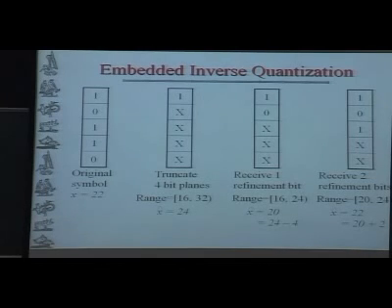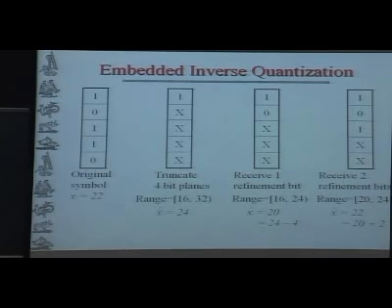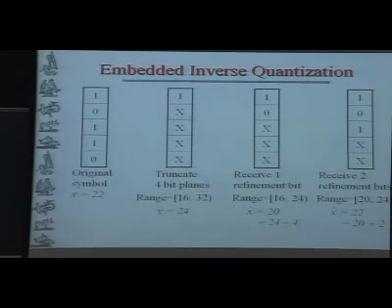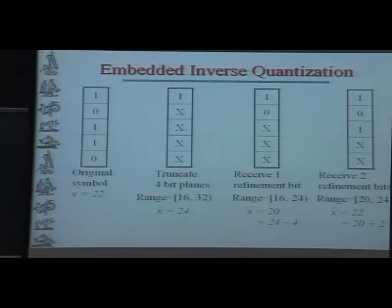So this is called embedded quantization and embedded inverse quantization. The way that you do quantization is simply sending 1 bit at a time. First you start with a sign, and after that you send the most significant bit, the next most significant bit. You keep on going until you run out of bit rate.